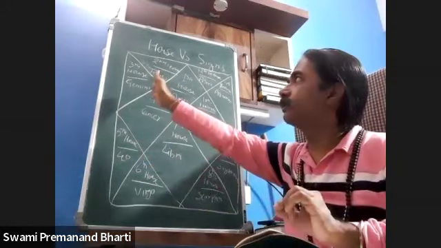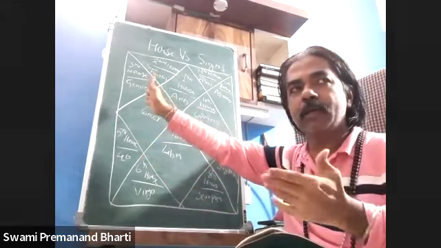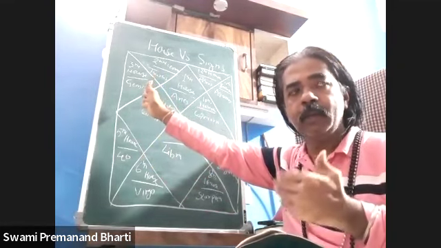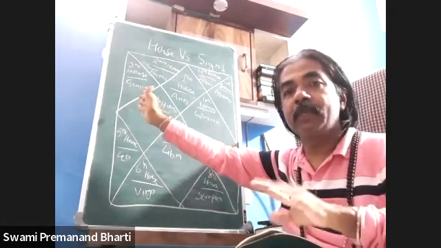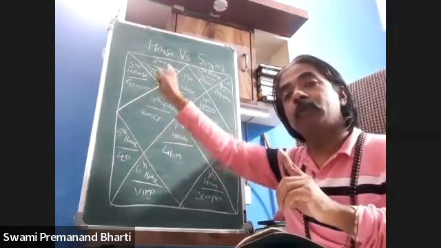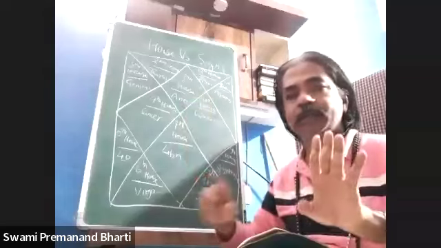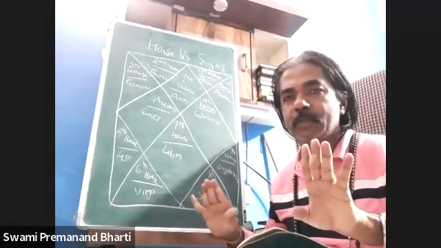Third house represents everything which Gemini represents, like business, communication, traveling, and all. But third house also represents younger sibling. Gemini will not represent your younger sibling.